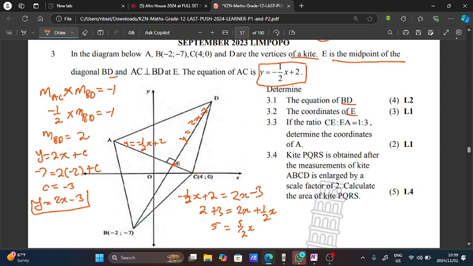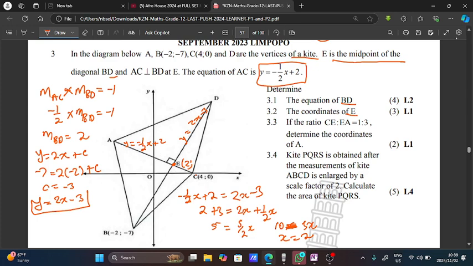I'm going to multiply and divide. So 10 equals 5x. We divide, then we have x equals 2. So now we've got the value of x being 2.